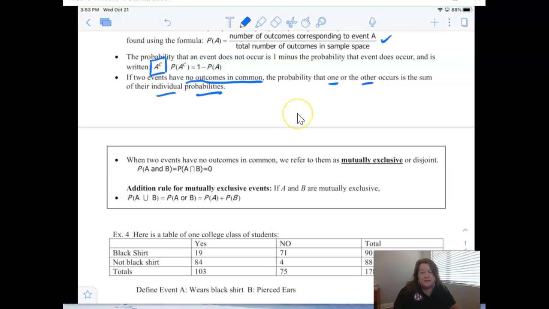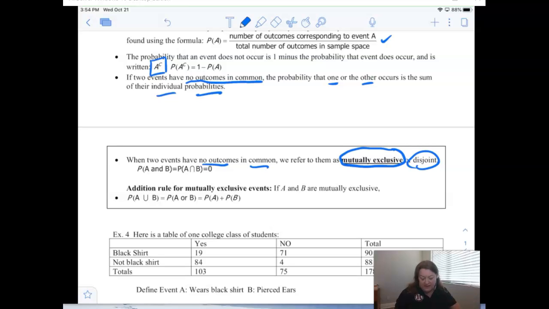You can't be kind of wearing shoes, right? Or wearing sandals and boots. You can't have both of those happening at the same time, or it's really unlikely. Those would be called mutually exclusive or disjoint, when they have no outcomes in common. We usually call them mutually exclusive, but there's another vocabulary word, disjoint, that just means apart from each other.